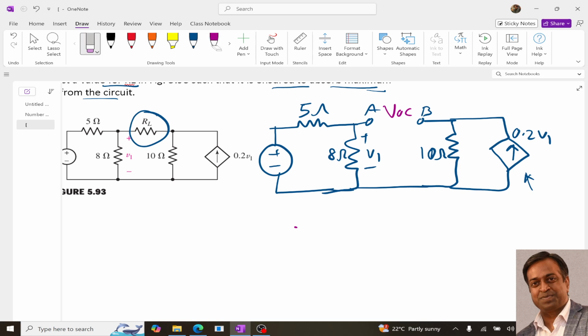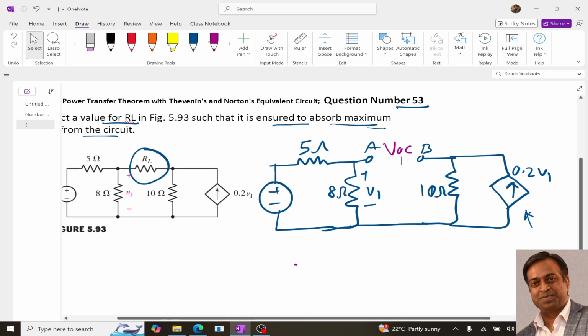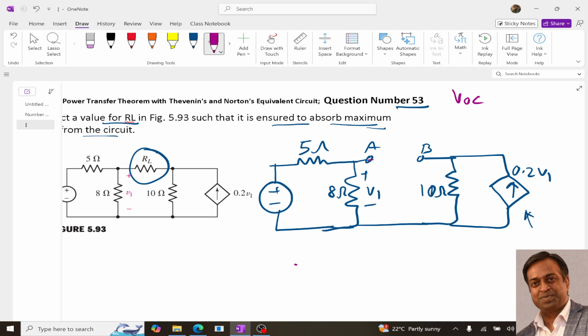Once I find VOC, I am going to short circuit the terminals and determine ISC, the short circuit current. Then I will divide the two, and this is going to be my RTH. RTH equals VOC upon ISC, right?